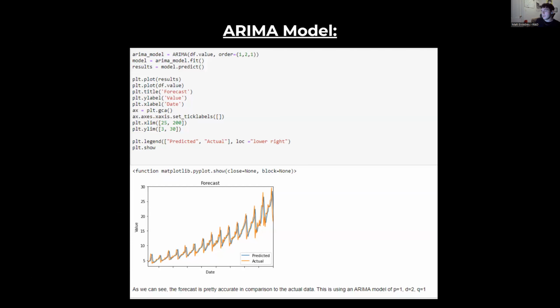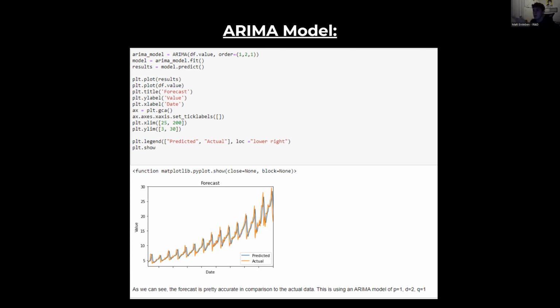So as you can see here, we have a snapshot from the Jupyter Notebook, which is showing off an ARIMA model that is using a p-value equal to 1. As you can see at the very top, it says the order is 1, 2, and 1, right?